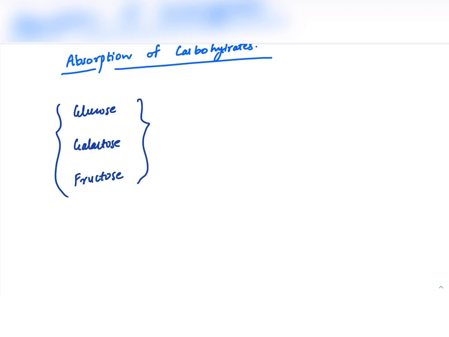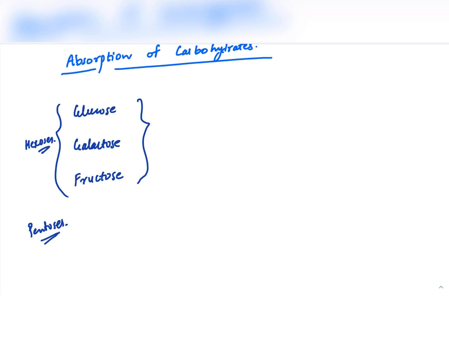See, the absorption process of glucose, galactose and fructose is a bit different. Glucose, galactose and fructose are hexoses. Hexoses have a different mechanism of absorption, whereas pentoses have a different mechanism.